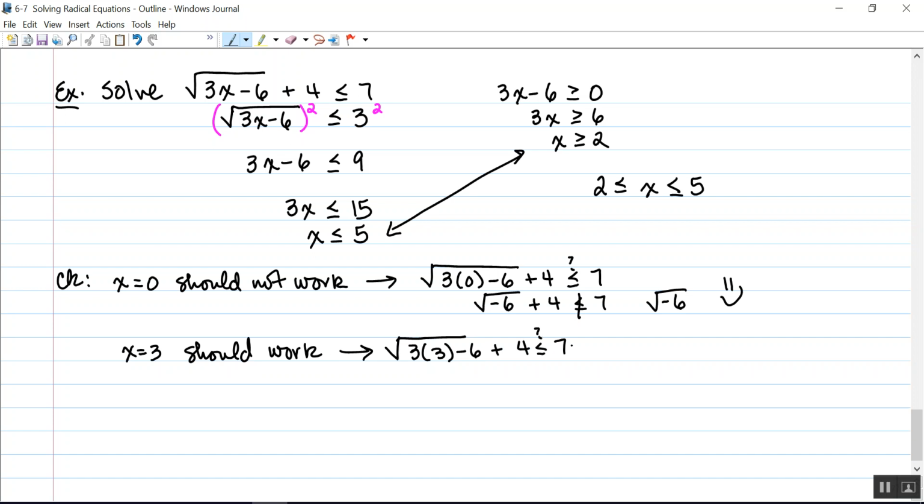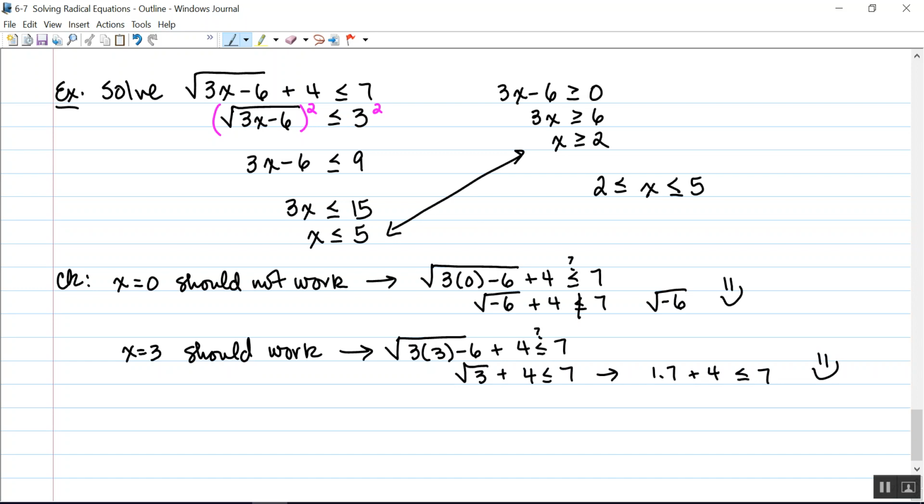So I have the square root of, oh, I'm sorry, no, 9 minus 6, square root of 3, plus 4. Is that less than or equal to 7? Well, the square root of 3 is approximately 1.7, so that's going to give me 1.7 plus 4. That is indeed less than 7. So I'm happy. That should have worked, and it did work.